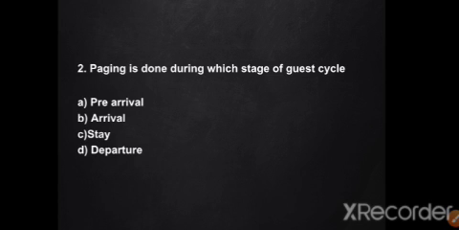So the second thing in the question is, what is the guest cycle? We know the guest cycle happens in 4 stages. There is a pre-arrival stage where a confirmed reservation is made, where the guest makes partial or full payment for his stay.